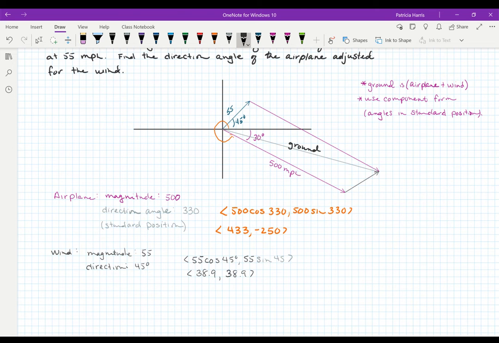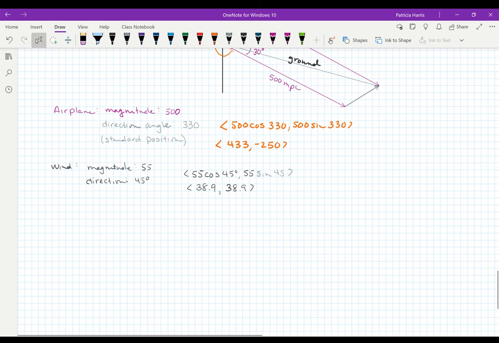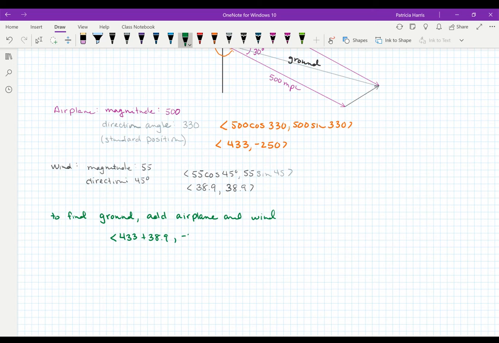Okay, so now to find the ground we're going to add those. So 433 plus 38.9, comma, negative 250 plus 38.9.